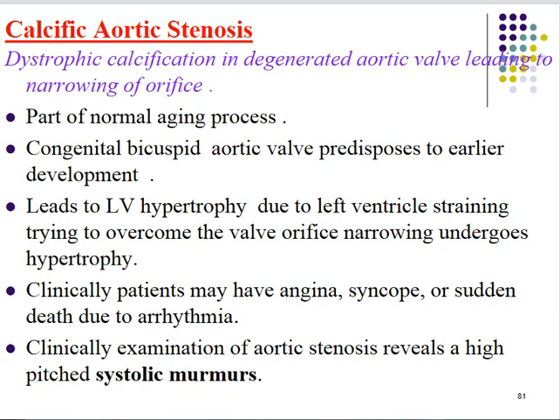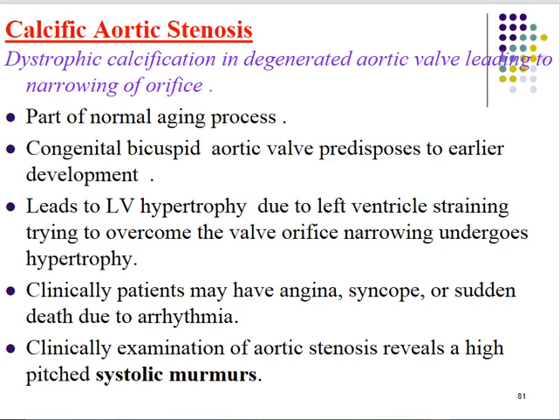The congenital bicuspid aortic valve is predisposed to earlier development. While the valve is normally tricuspid, sometimes the aortic valve will be congenitally bicuspid, and this type of congenital anomaly is predisposed to earlier development of dystrophic calcification.